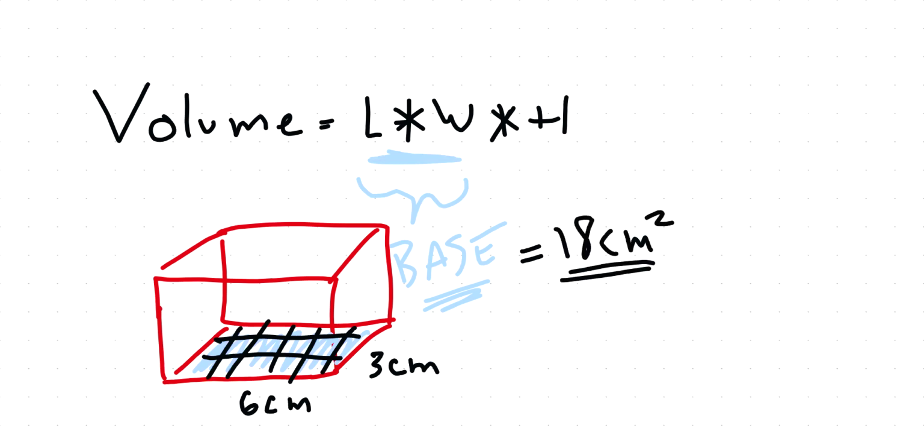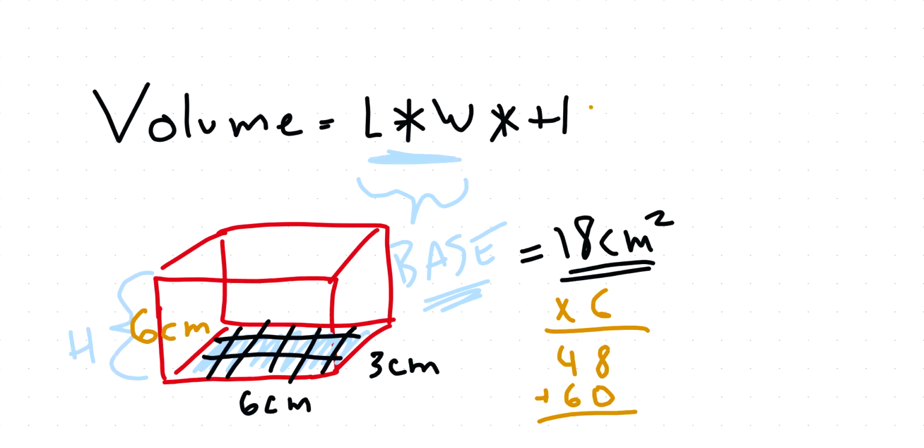And then we're looking at how tall this is, which is right here, this height. This is the height. If we think about that height measurement, let's say we have a base of 18, and in our height we have another 6 centimeters. So we have 6 more layers. So that's 18 times 6, 48, 60, it's 108.